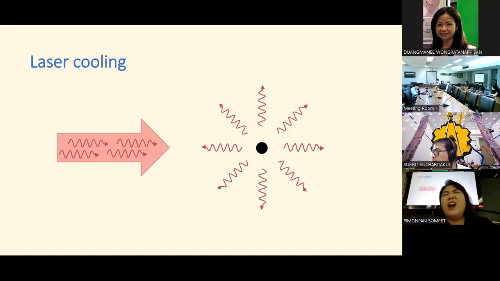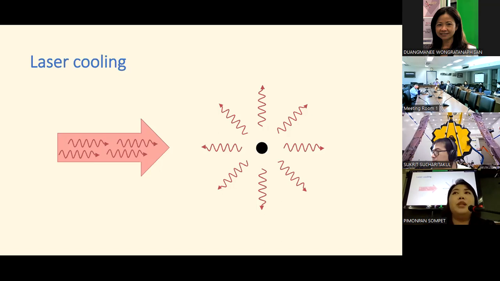The question is, how do we slow it down? There needs to be a trick to make the atoms prefer to absorb photons in the direction opposite to their movement, only the photons coming head-on. That is a very easy answer: we can use the Doppler effect to create a bias between the photons coming head-on and those moving in the same direction, giving a different absorption rate.